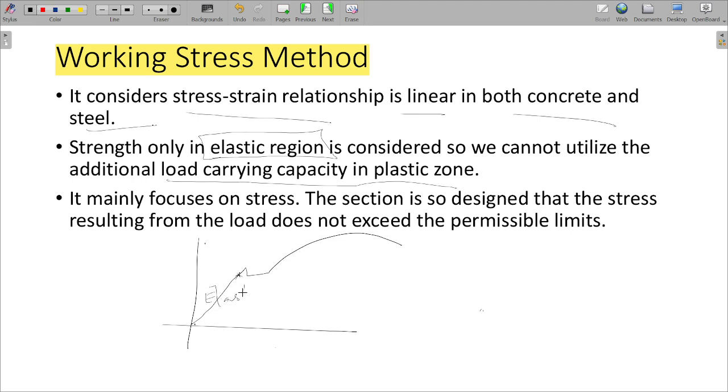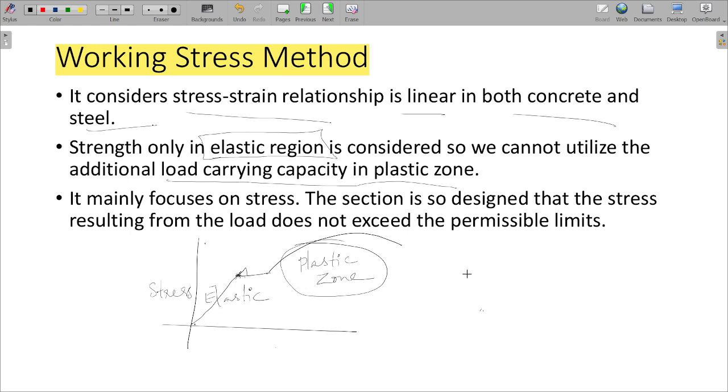Elastic means if we remove the load acting on it, the material regains its original shape after the removal of the load. That is elastic region. After this also, due to redistribution of the stresses, there will be a plastic zone, which is completely ignored in working stress method.